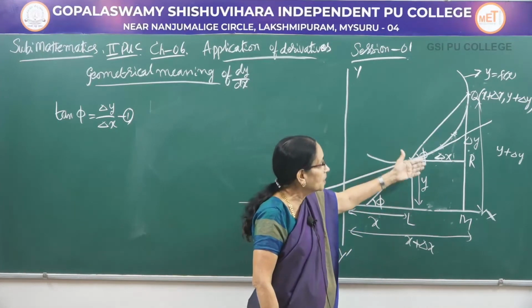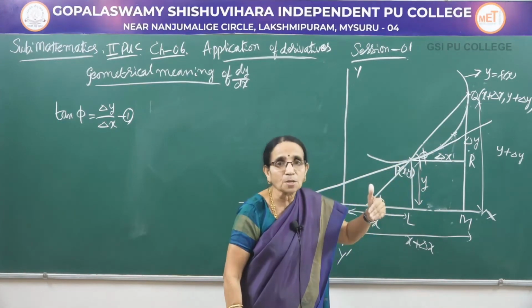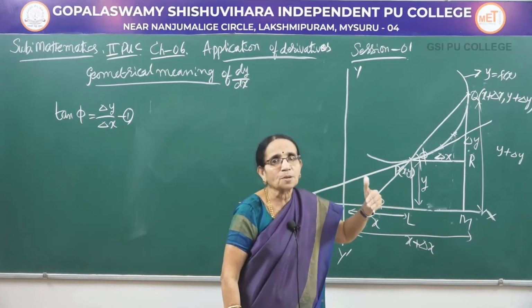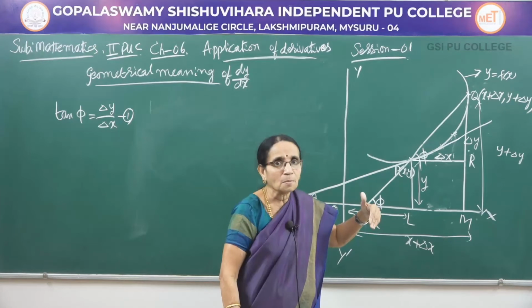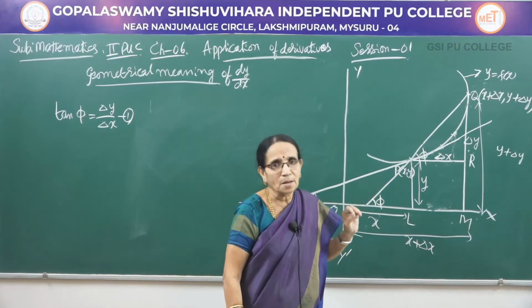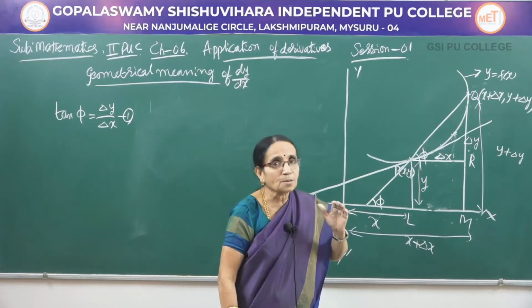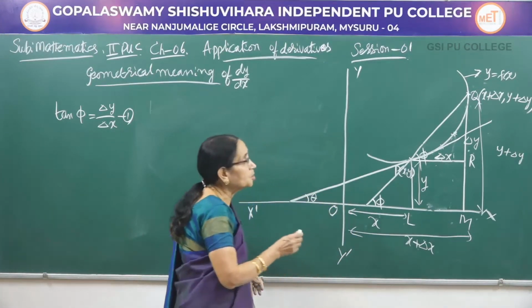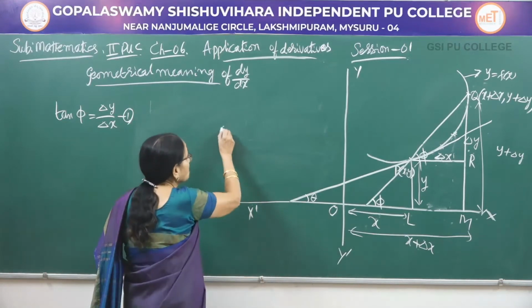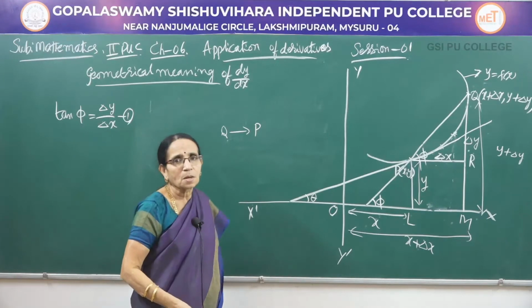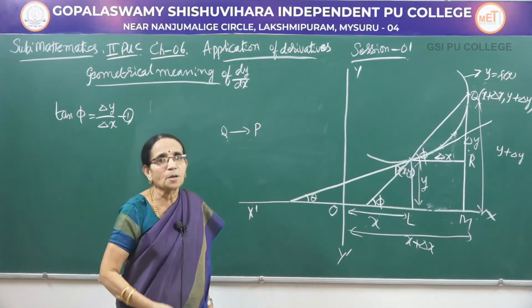Because we have seen that as Q approaches the point P along the curve, the value of delta x goes on decreasing and decreasing. And how do you say it in calculus? We do not use the word approaches, you can say as Q tends to P. You are familiar with the mathematical word we use, isn't it?